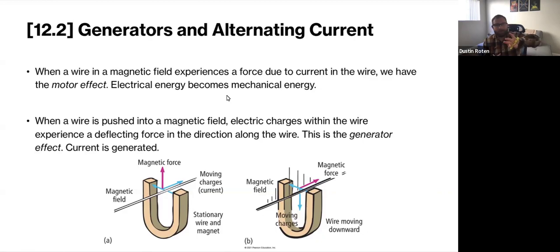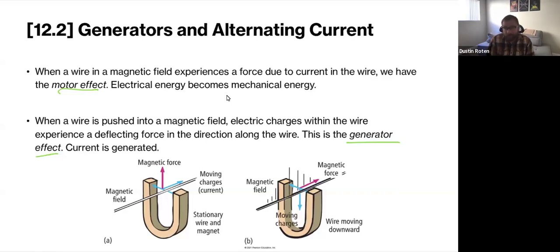But the opposite way, when we're moving the wire in a static magnetic field, that's a generator. But when the wire gets moved by a current inside, that's the motor effect. And we can differentiate these two things down here in these two figures.